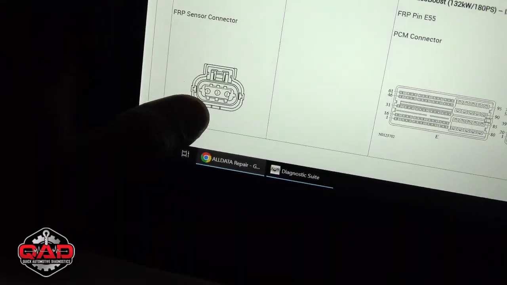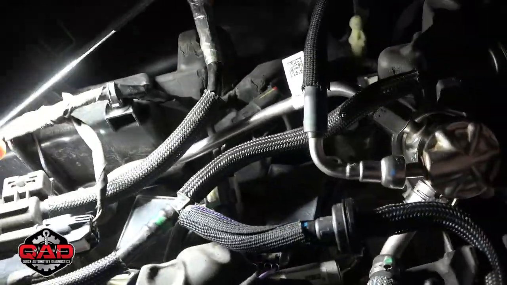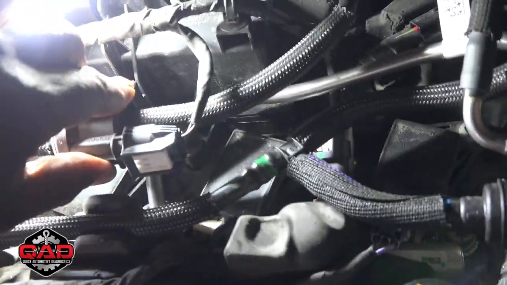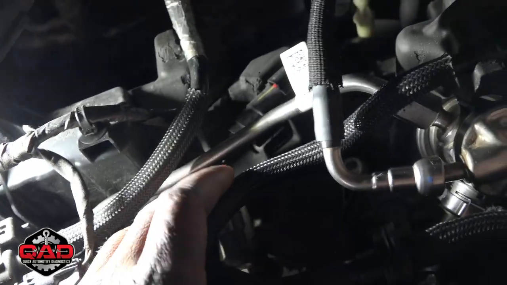The connector has three wires. There's 1, 2, 3. I think I was looking for the wrong one. There's one in the back here, which is this guy here.